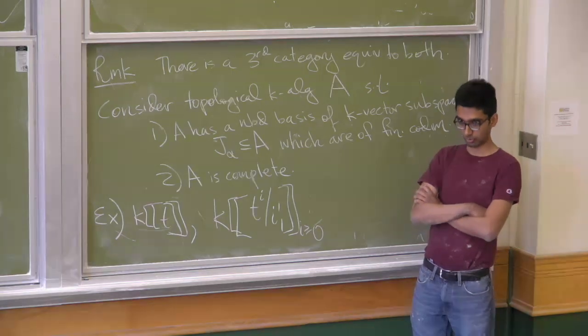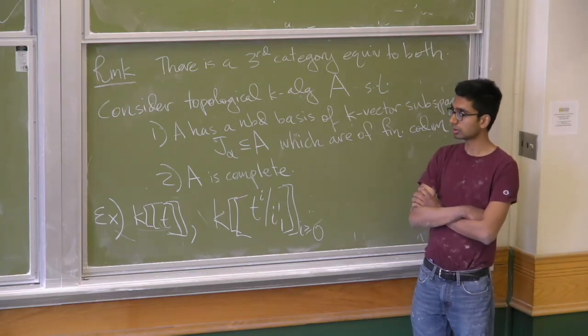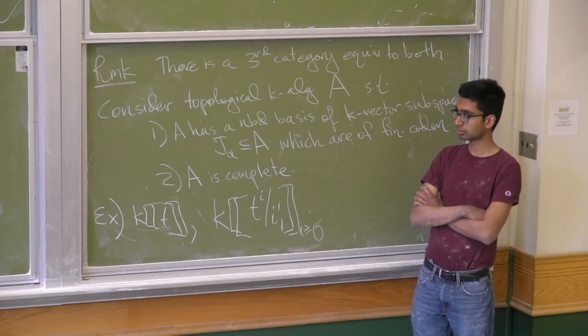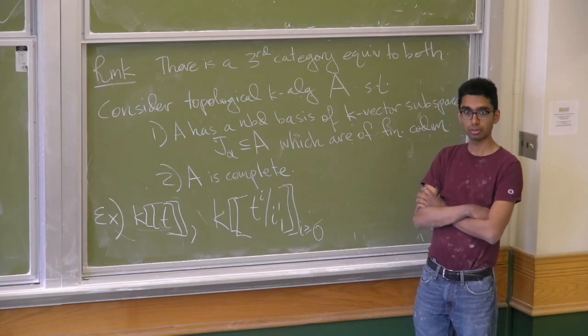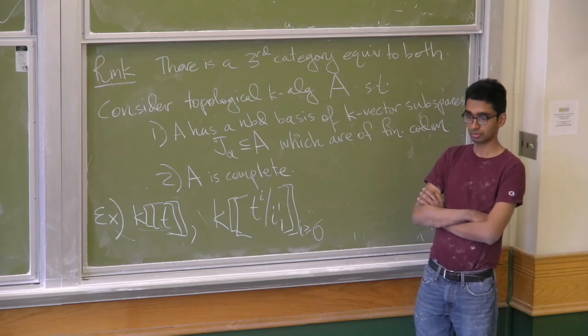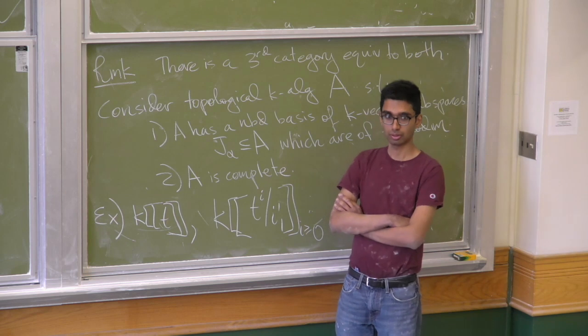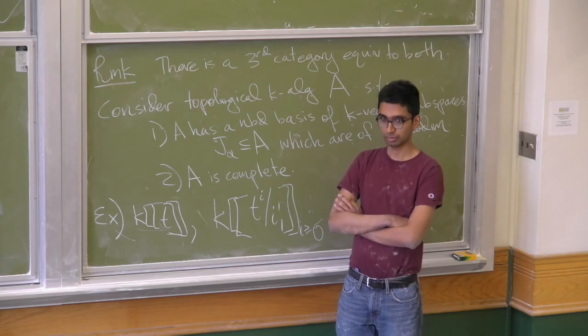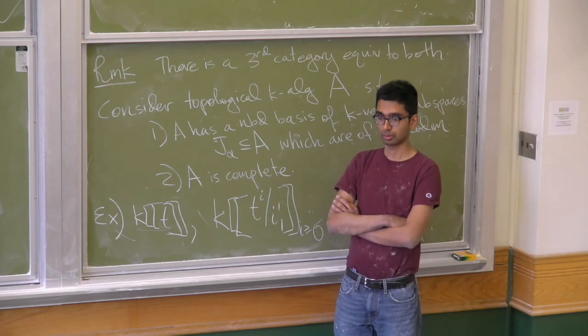And so the reason why this category is equivalent to the category of coalgebras is also purely linear. If you consider the category of topological vector spaces satisfying these two conditions, then it is anti-equivalent to the category of abstract discrete vector spaces. This anti-equivalence is the usual functor of duality.